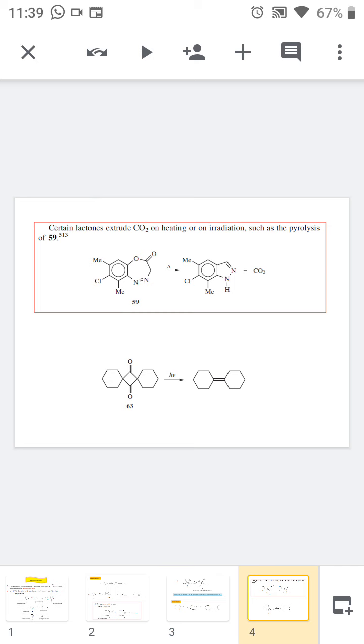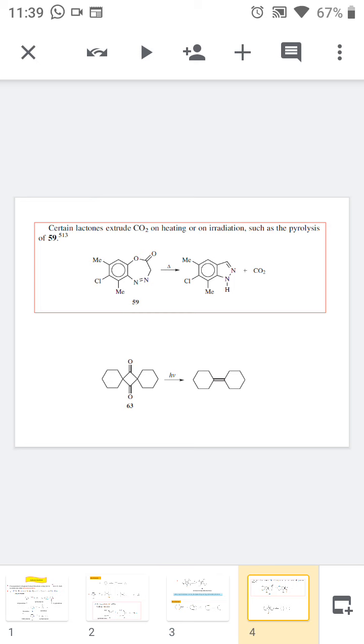Consider the example 59. It is a cyclic lactone in which the ester is the functional group. And here a nitrogen is also present. While we are heating, the carbon dioxide is extruded, and we will get the final product like this.